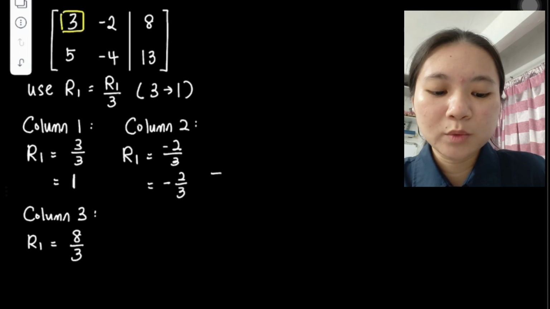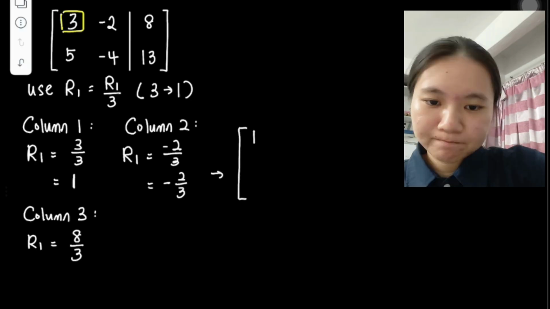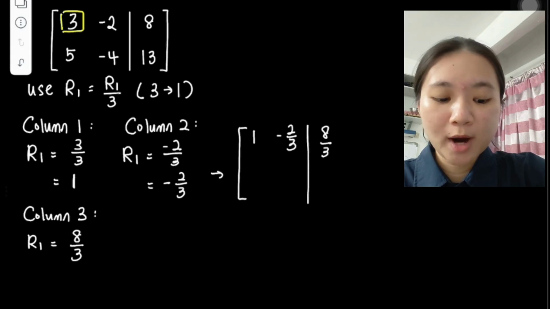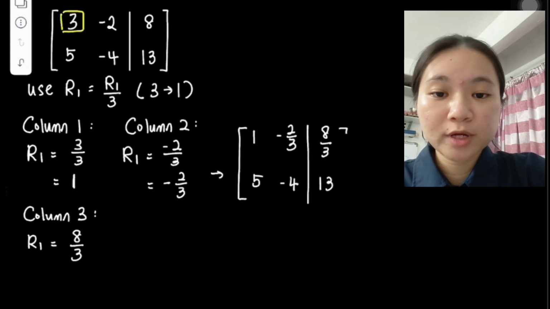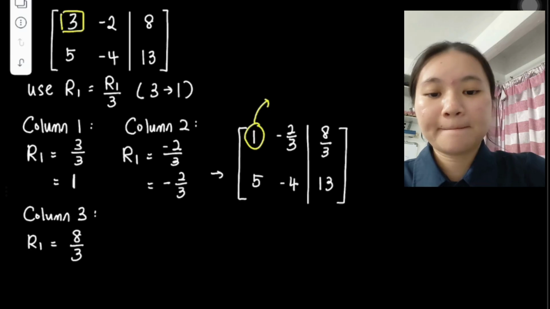Using the formula, we divide 8 by 3, which equals 8 over 3. Last, we get the answer 1, negative 2 over 3, and 8 over 3 in row 1. But the most important thing is that number 3 in column 1 changed into 1.